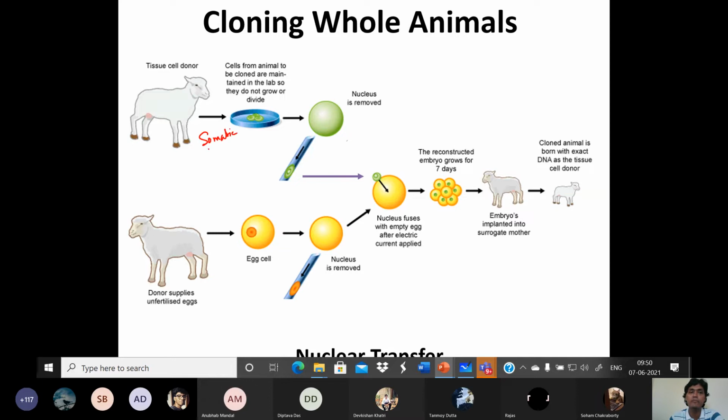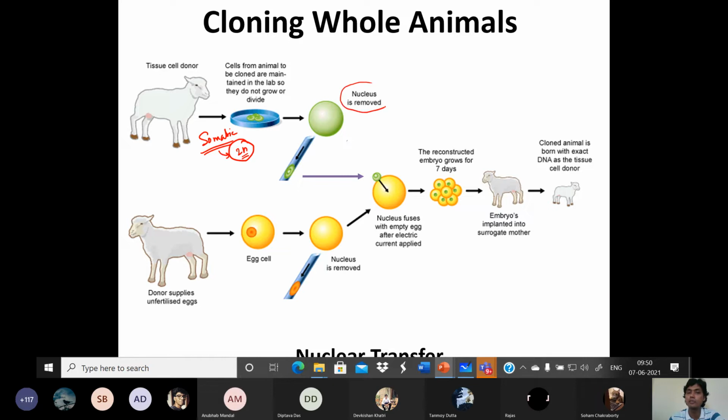Somatic means any body cell that contains the 2n information, meaning the total number of chromosomes is present. That's why this is a somatic cell. Say, for example, cells from some portion of this sheep. Those cells are collected, and from those cells you take just one nucleus.